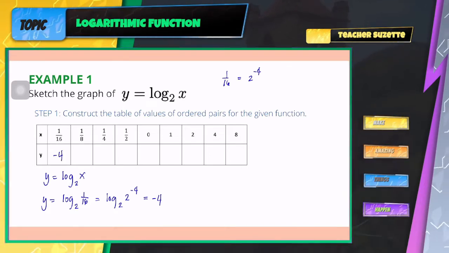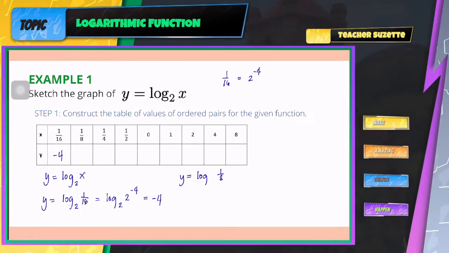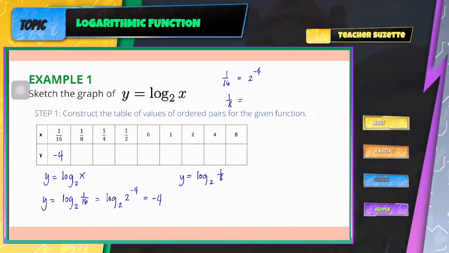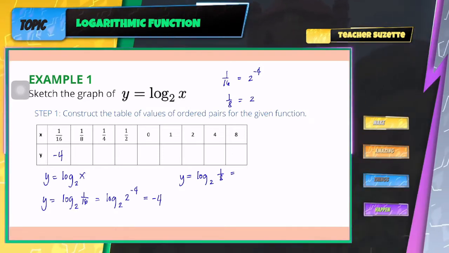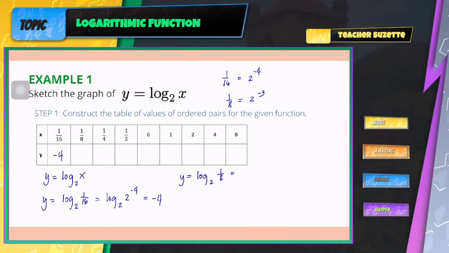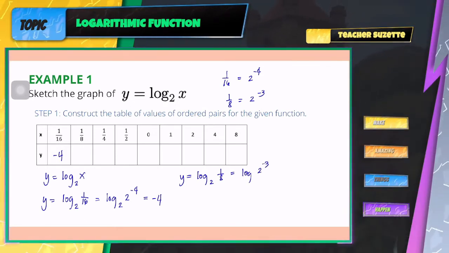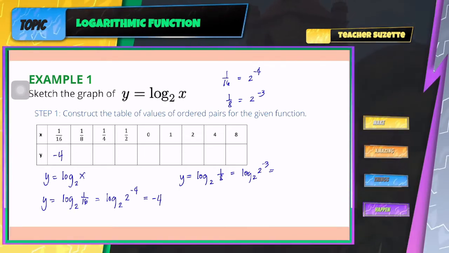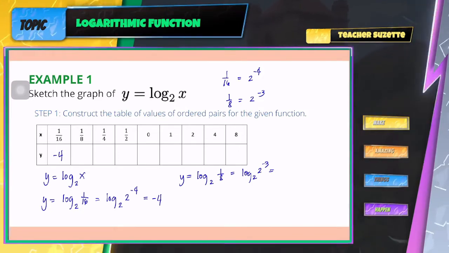Next, we have y is equal to the logarithm of 1 over 8 base 2. For 1 over 8, we can express this with base 2 and an exponent of negative 3. So we have the logarithm of 2 raised to negative 3 base 2. Using again the property of logarithm, we will have negative 3.